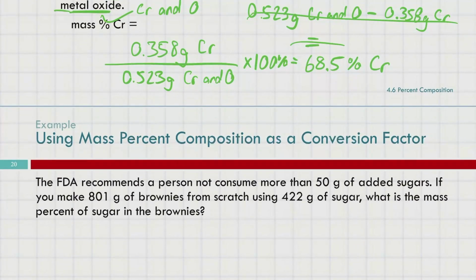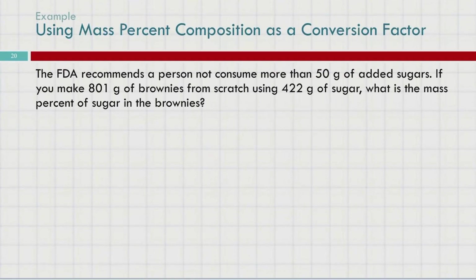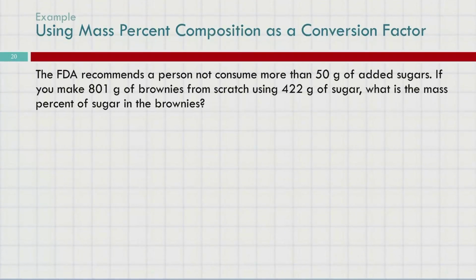Cool. The FDA, the Food and Drug Administration, recommends that a person not consume more than 50 grams of added sugars in a day. If you make 801 grams of brownies from scratch using 422 grams of sugar, what is the mass percent of sugar in the brownies?